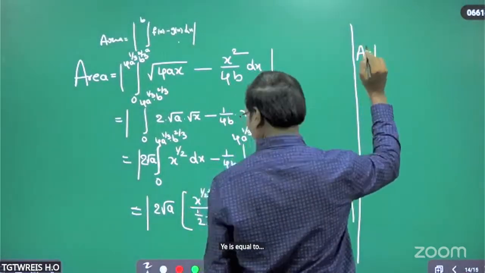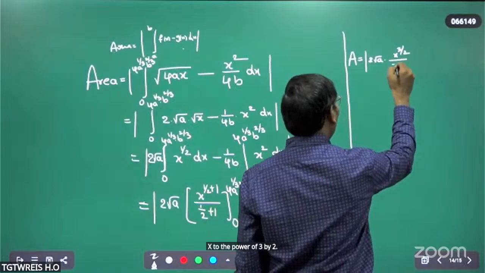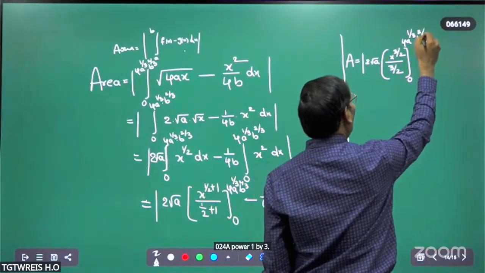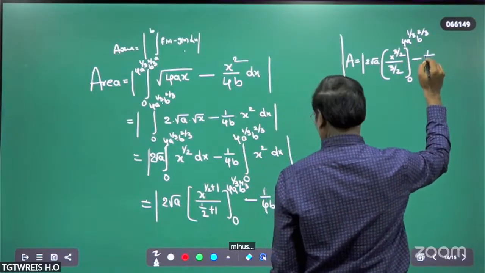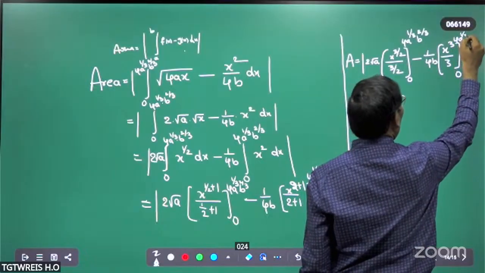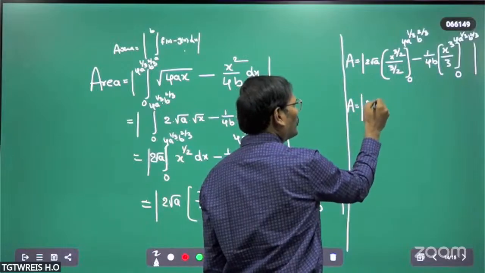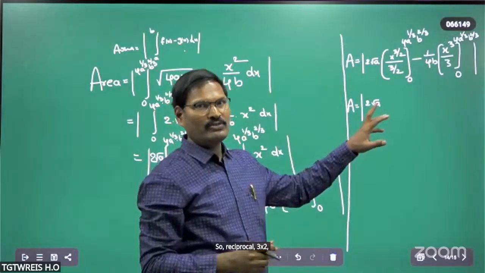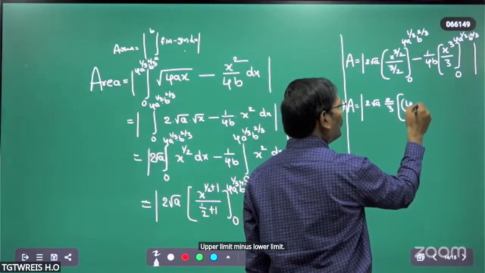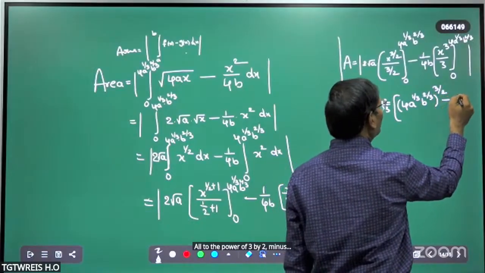A is equal to mod of 2 root a into x to the power of 3/2 by 3/2, from 0 to 4a^(1/3) b^(2/3), minus 1 by 4b into x cube by 3, from 0 to 4a^(1/3) b^(2/3), modulus. 2 root a, with the reciprocal of 3/2 in the denominator, will become 2 by 3. 2 by 3, upper limit minus lower limit: (4a^(1/3) b^(2/3)) whole to the power of 3/2 minus 0.